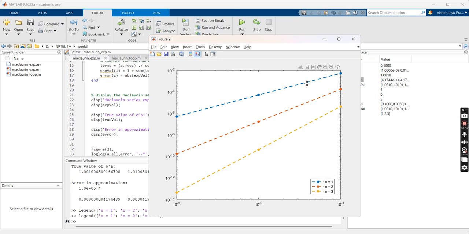So the first one is for n is equal to 1, the second one is for n is equal to 2, and the last one is for n is equal to 3.